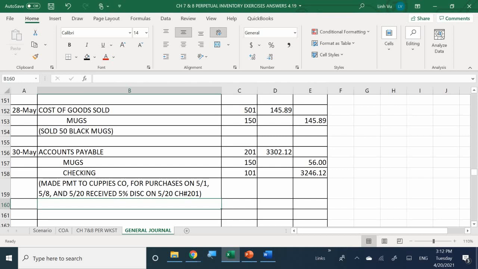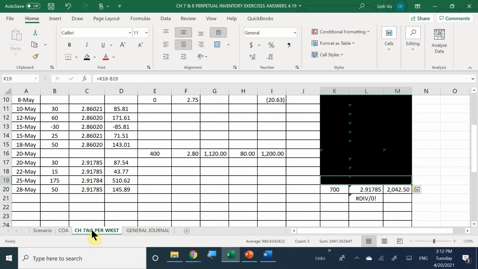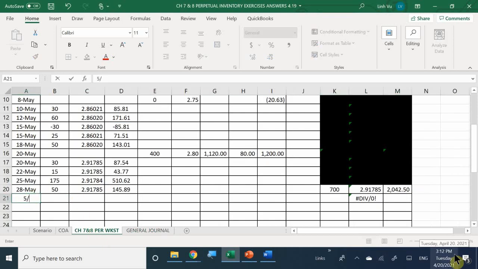Now, last but not least, because I took out a discount from my mugs, I need to go to my inventory worksheet because now I need to remove that discount. So in this case, $5.30. It's not a cost of goods sold. It is definitely going to be something that you have in your purchases because you got the purchase discount, right?